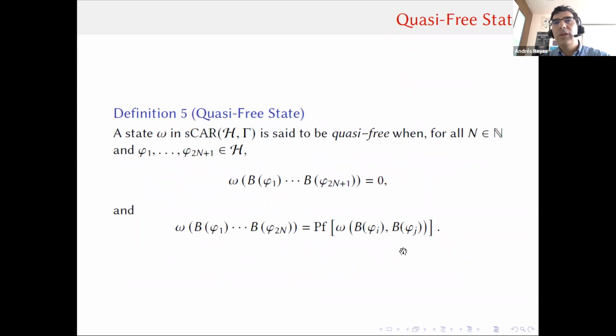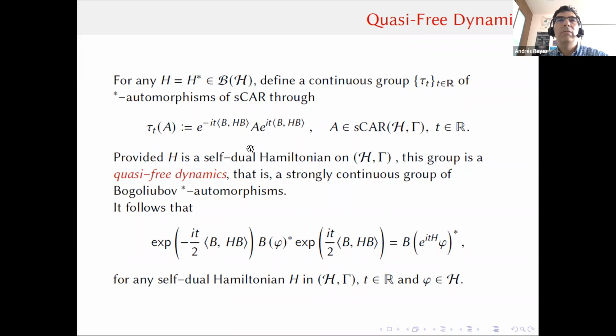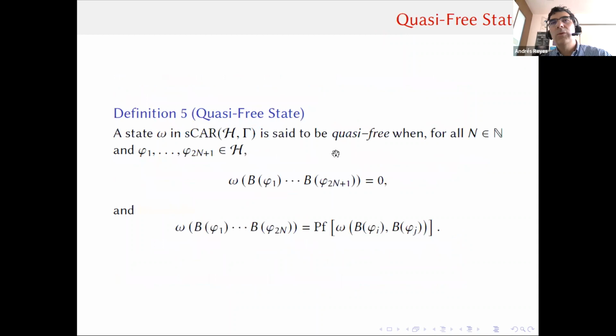Now, for this particular kind of dynamics, one could ask what the possible ground states are. So the ground states will be of the following types. Here I am using the algebraic notion of state as a functional on the algebra, and we define a quasi-free state to be a state which basically fulfills the statement of Wick's theorem.